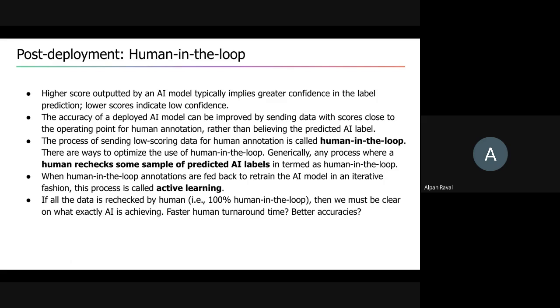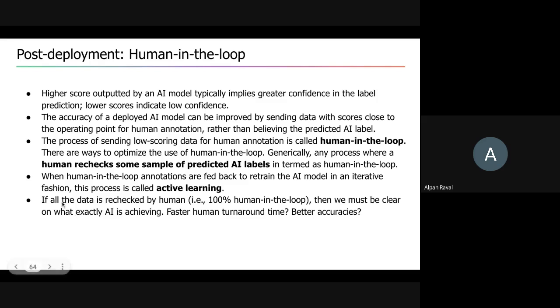Now, when these labeled decisions are fed back to retrain the AI in an iterative manner, this process is called active learning, because it's learning in the presence of a human, where the human labels some data that gets added, the AI gets retrained, produces new predictions. Some of those predictions are again labeled by the human, again that gets added to the AI, and so on. And this happens in an iterative manner. So this process is called active learning.